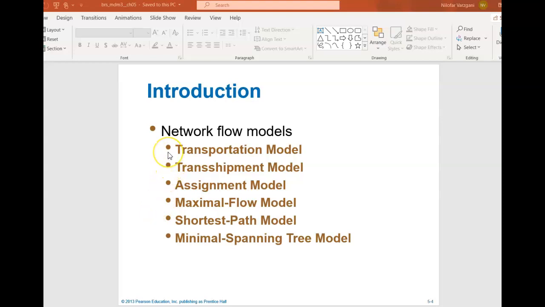For the transportation model, since we covered the basic concepts in the face-to-face class, I'm not going to repeat that. Instead, I will cover an example for an unbalanced transportation model. That will be the first example that we cover in this video lecture. The remaining video lectures are going to talk about each of the other 5 network flow model applications.